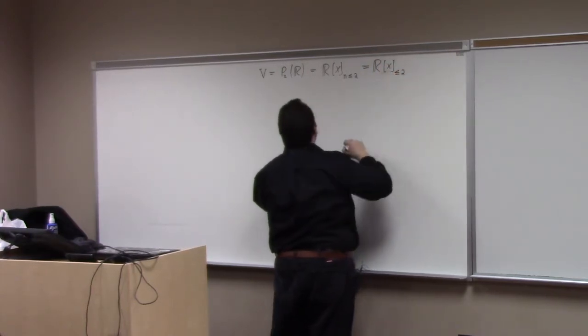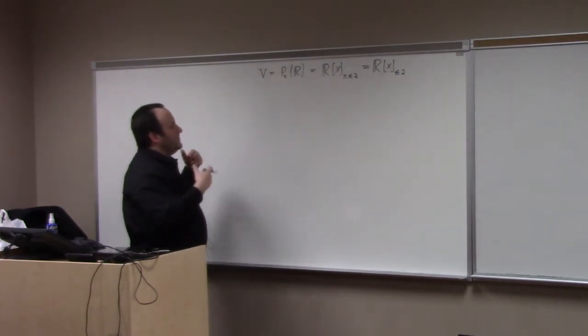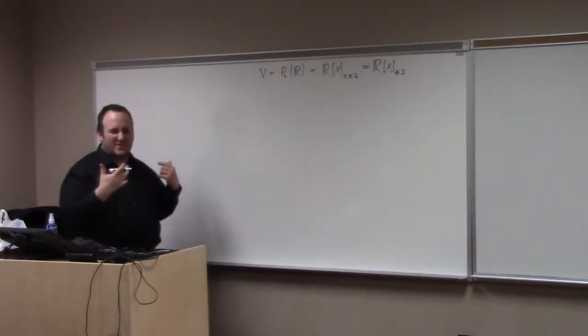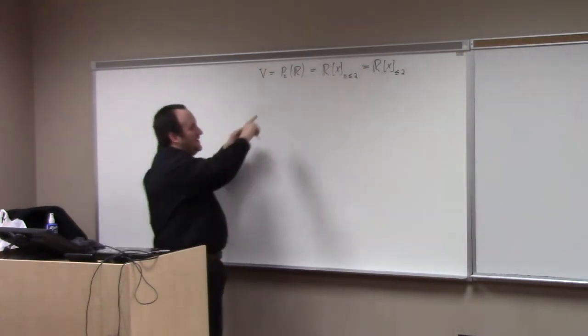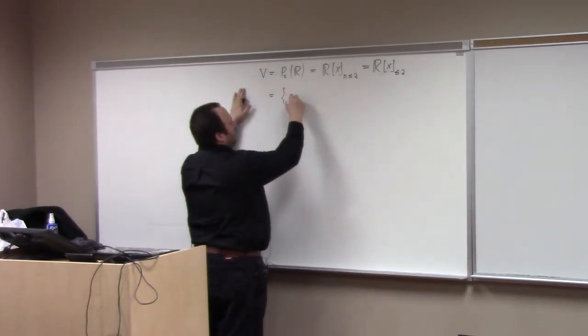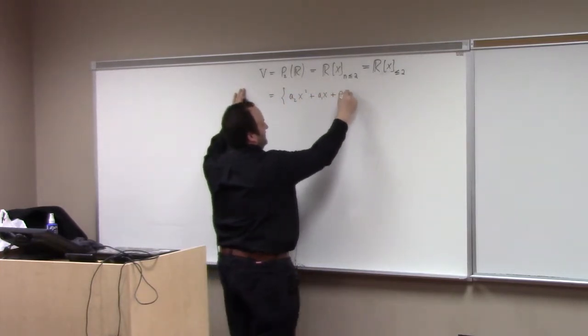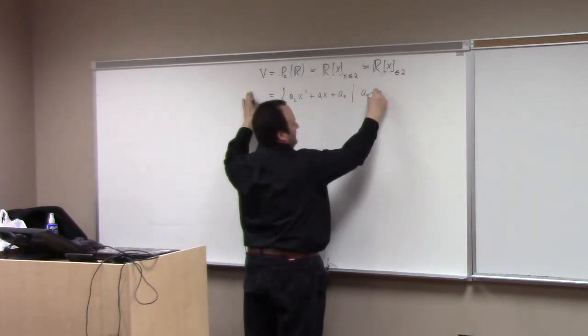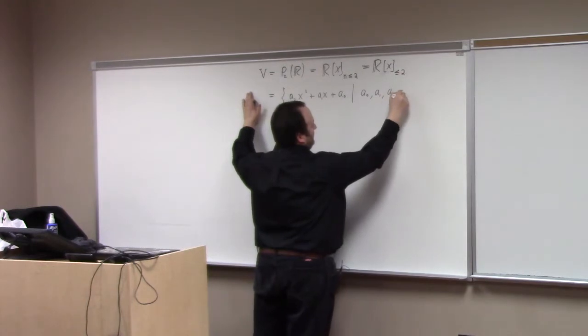This is one of Dr. Smith and my grumblings, that there's no agreed upon universal notation for polynomials up to a certain order in a certain variable. But what I mean by this is polynomials of the form a2x squared plus a1x plus a naught, such that the coefficients a2, a1, a naught are real numbers, right?